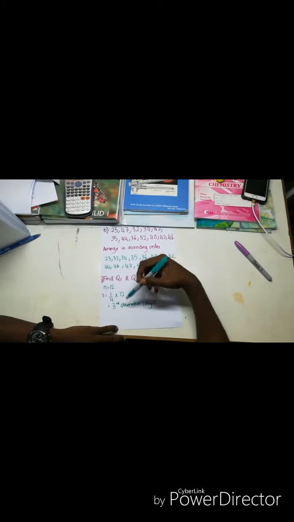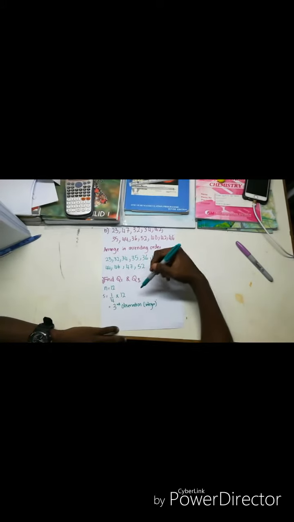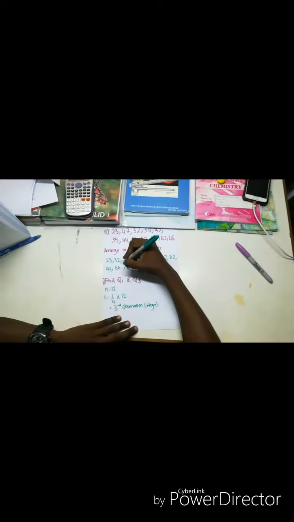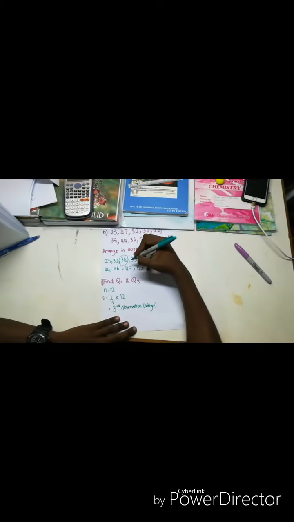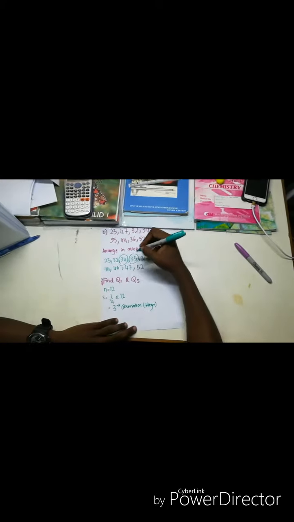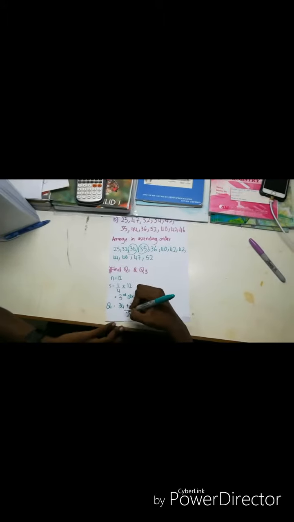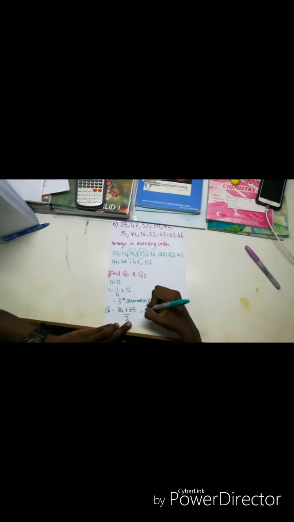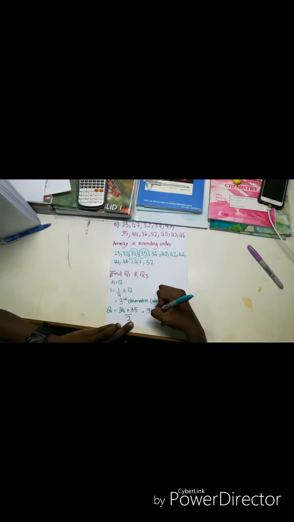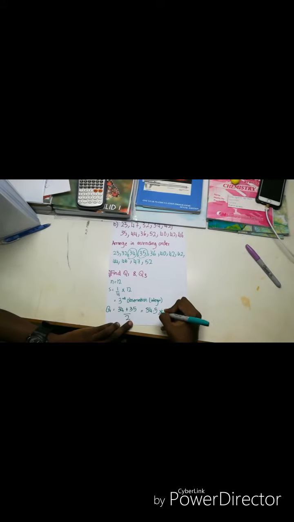So we need to add the fourth observation and divide by 2. The third observation is 34 and the fourth observation is 35. We add both and divide by 2. So Q1 is equal to 34 plus 35 divided by 2. We get 34.5. This is our answer for quartile 1.